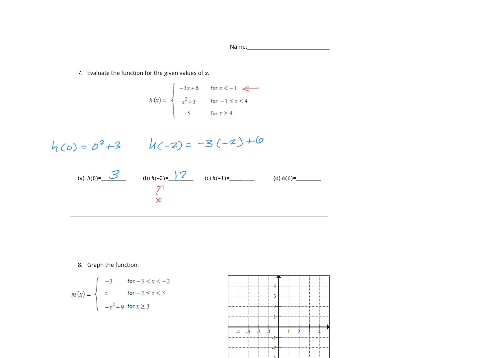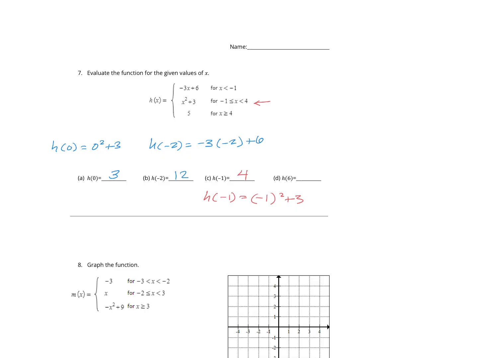So that gives me the value of 12. All right, next up, let's move on to h of negative 1. Negative 1 is going to satisfy the middle inequality because negative 1 is less than or equal to negative 1. So because of that, I'm going to use the middle piece. H of negative 1 is going to be negative 1 squared plus 3, which calculates out to a 4.